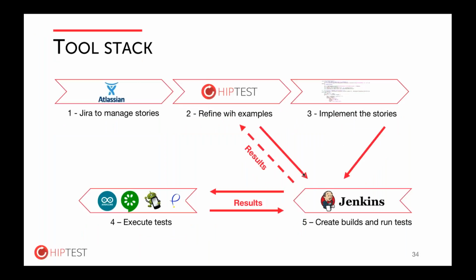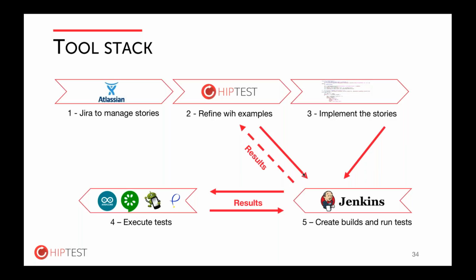So next, Raphael, you have the tool stack, and maybe the most interesting thing in this case is the test execution environment, because you use a tool stack that is pretty common when we look at the different teams using BDD in our community.